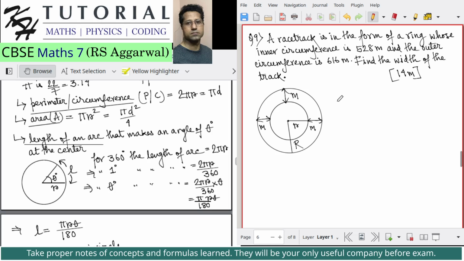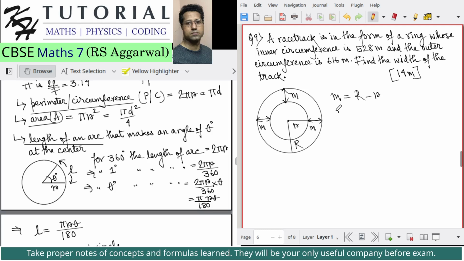So what will be m? m is nothing but, as you can see, capital R minus small r. So we have to find capital R and small r, which we can easily find out because the circumference of both the outer circle and the inner circle is given.